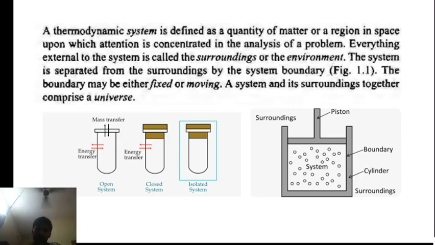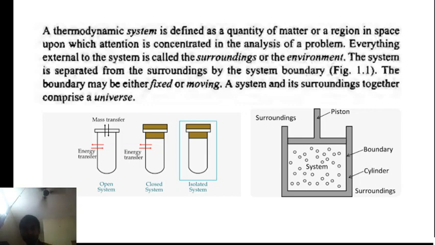So the evaporation and condensation process will take place. The water molecules drop out again and sit at the top or bottom of the beaker. As you can see from this figure, in the case of a closed system there is energy transfer only. Because of this sealant, the mass transfer is stopped. In the open system both are available, but in the closed system one part is closed.